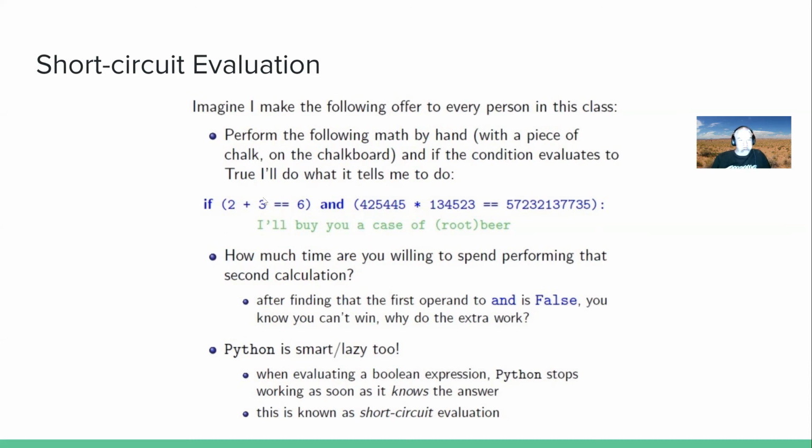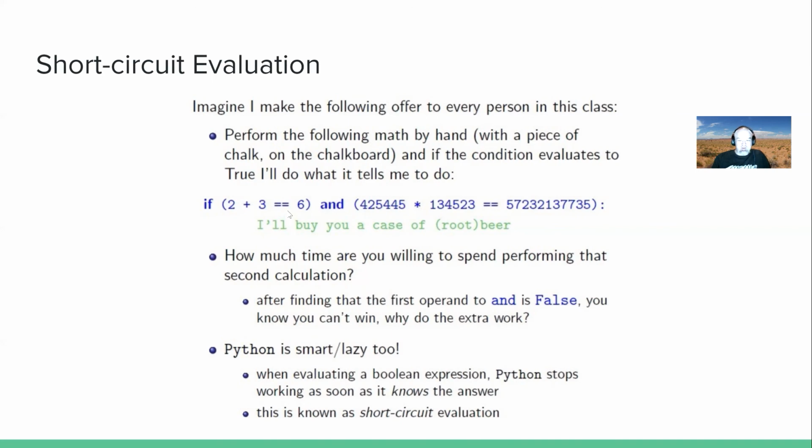So we have this condition over here where we're saying 2 + 3 equals 6, and this long complicated equation over here. So how much time are you willing to spend performing that second calculation, right? Obviously this is going to be a lot easier to calculate than this. And we know that this is an and statement, so both this and this need to be true.